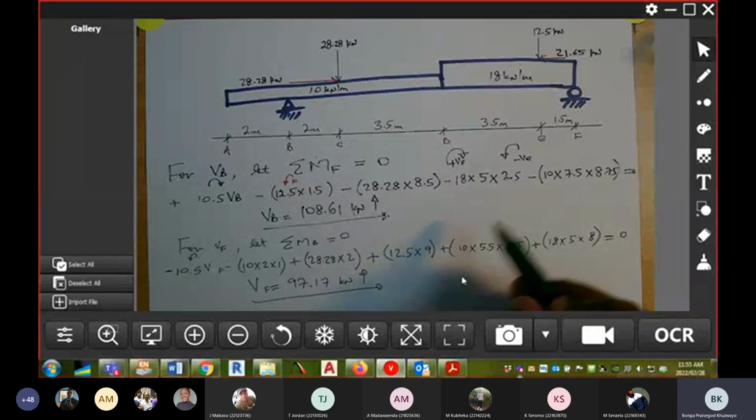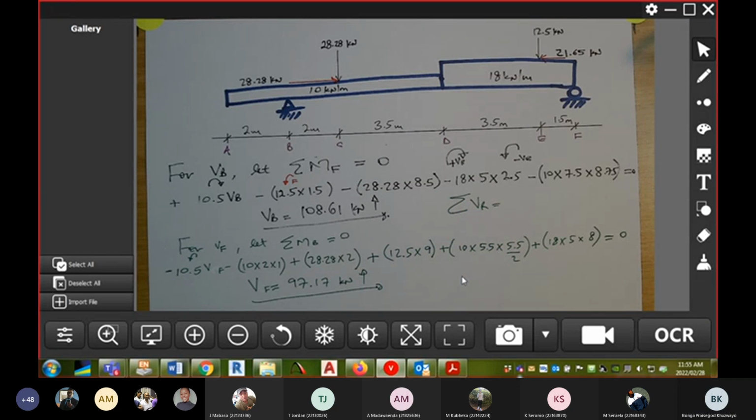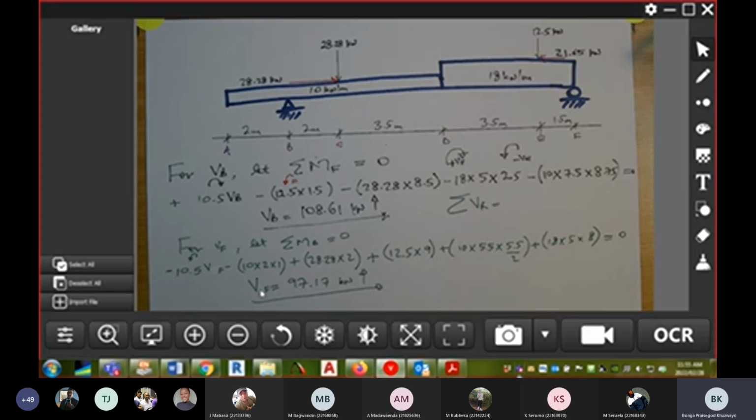So, what is the sum of vertical reactions? What do you get if you add VB and VF? That's the question I'm asking.